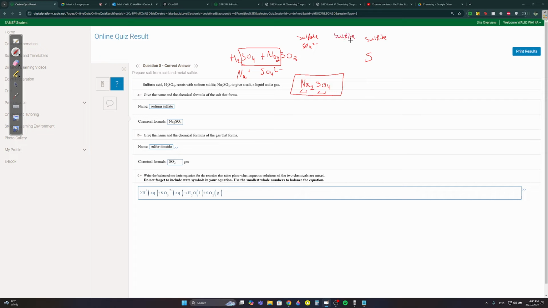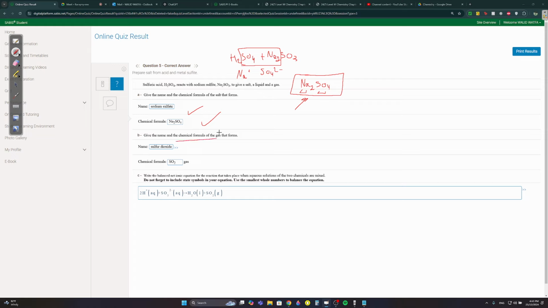Sulfite with an I, SO3, I think it's 2 minus. I'm not sure. Anyway, this is what they are, just so you know how to write them in the exam. So, it's SO4, so we can say sulfate with an A.